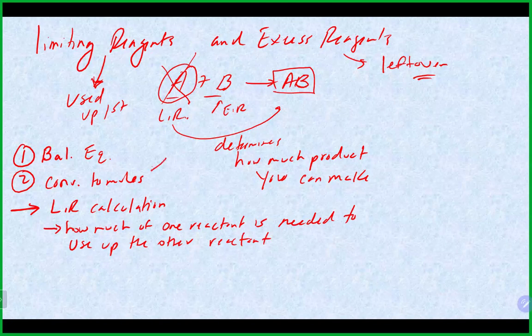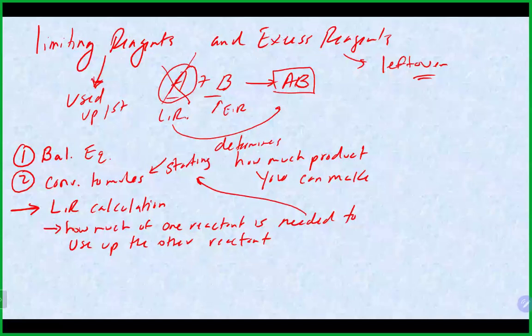In the step before, you will have the starting moles of each reactant, and you can do this little calculation between the two reactants. Basically, what you're trying to figure out is, if I want to use up all of one of the reactants, how much of the other one I need. Then you compare and see if you have enough. If you do have enough, then that is the excess reagent.